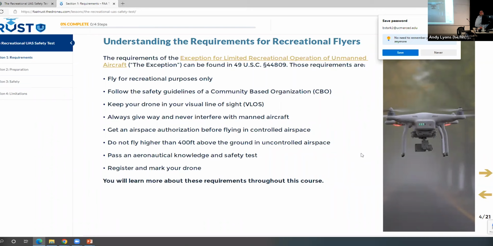Now, this recreational stuff also applies for those in academia at institutes of higher education. Your flight operations may not require a Part 107 license if you can meet all of these recreational requirements. For the purposes of the drone laws, academic activities at institutes of higher education may count as recreational activities.